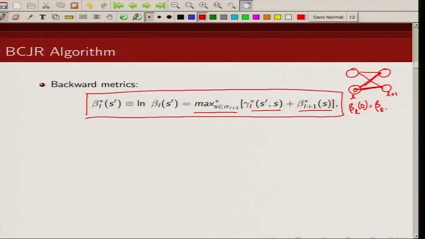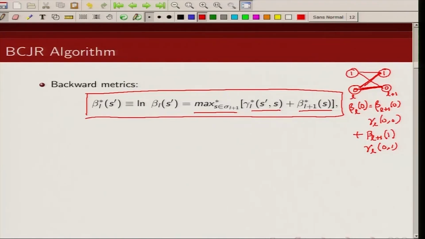So, beta L plus 1 0 times the branch metric of this, which is gamma L 0 0, plus beta L plus 1, this is state 0, this is state 1, beta L plus 1 1 times gamma L 0 1. This we have already studied when we did the BCJR algorithm.